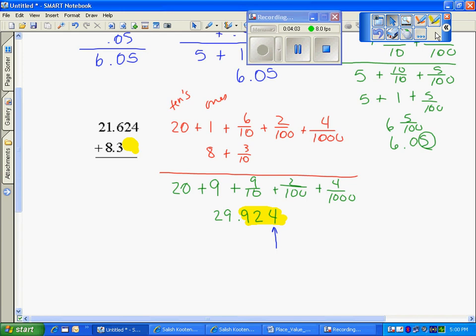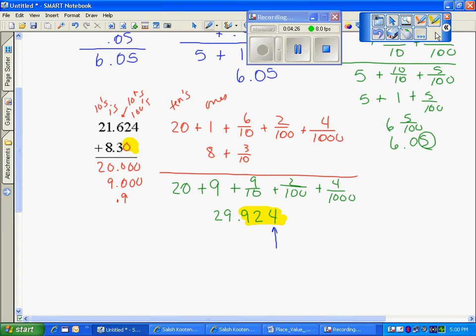If I use partial sums, adding my tens, I get 20. Adding my ones, I get 9. Adding my tenths, I get 9/10. Adding my hundredths, so what we often do is put a 0 in that position as a placeholder.